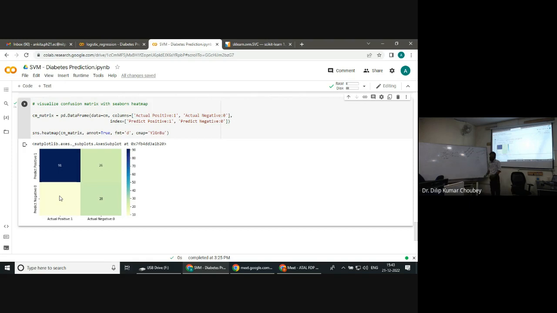For the time being, let's forget the phi and write this equation once again. V1 is equal to W11 x1 plus W12 x2. V2 is equal to W21 x1 plus W22 x2.